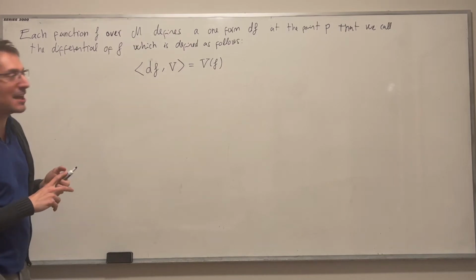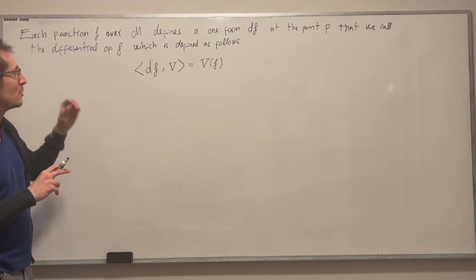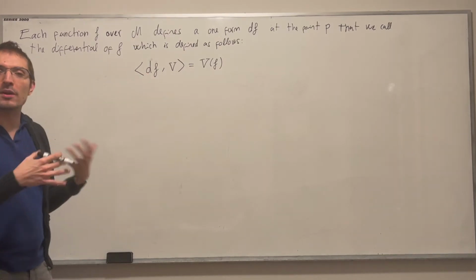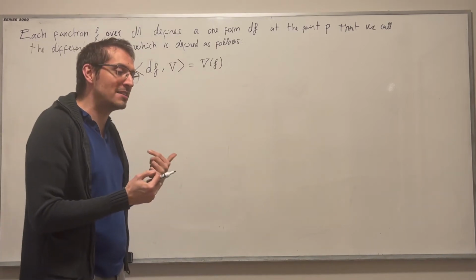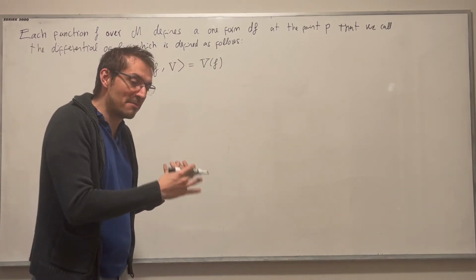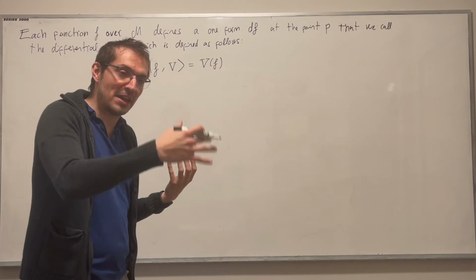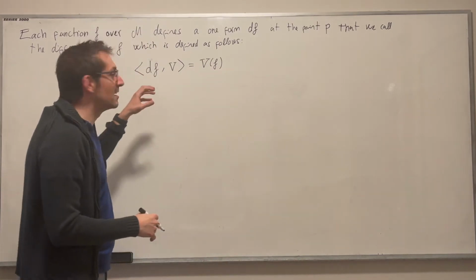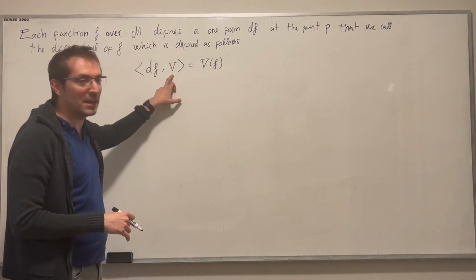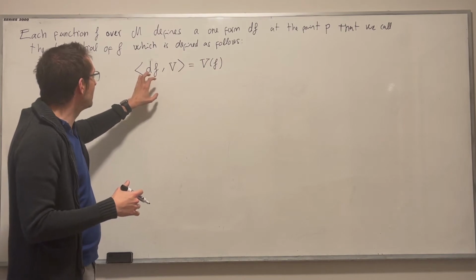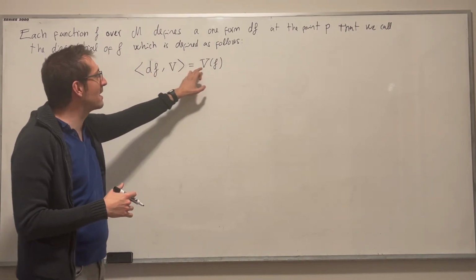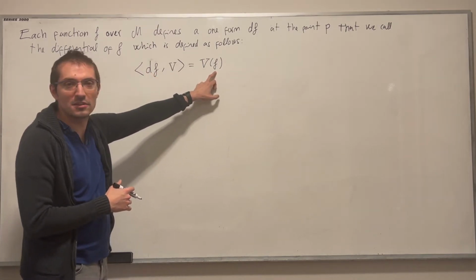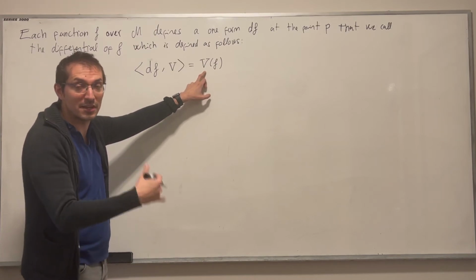And I define that one form as follows. One way of defining a one form is telling me how it acts on all the vectors, because a one form is a linear map from vectors to the reals. If I act with df on the vector, it returns the directional derivative of the function in the direction of the vector. That is the vector acting on the function.